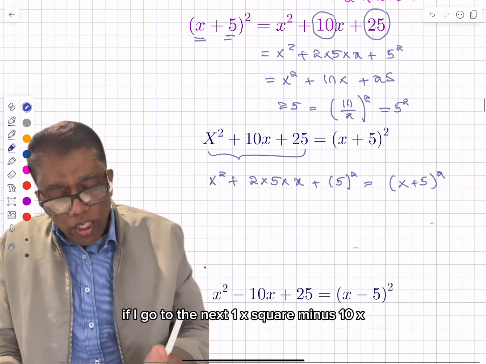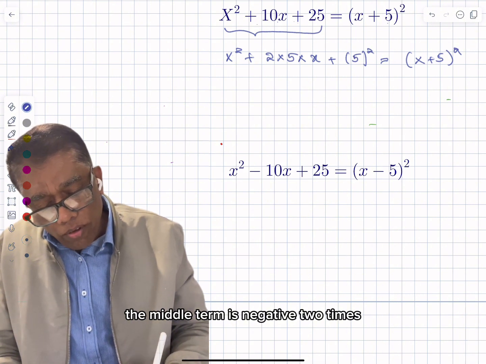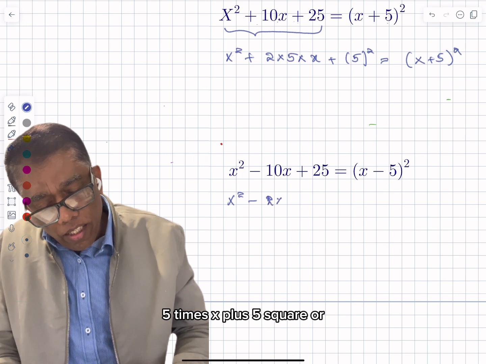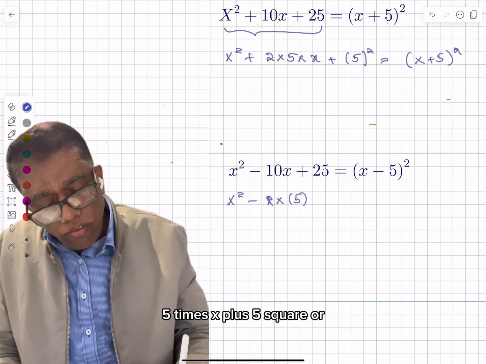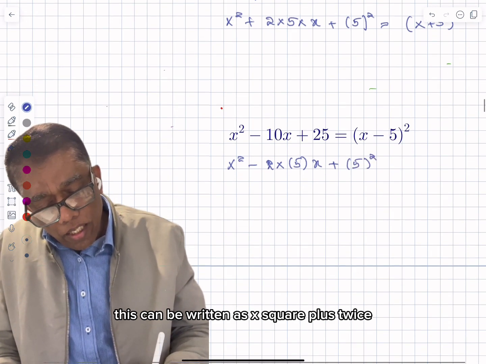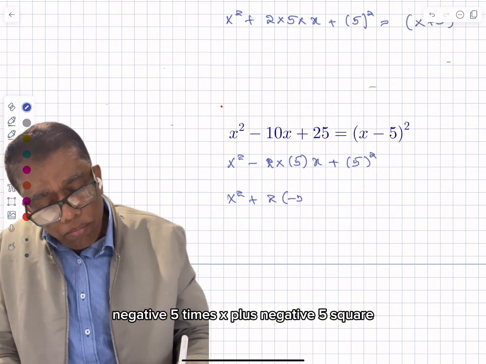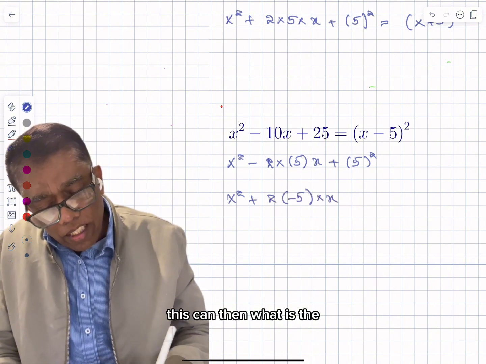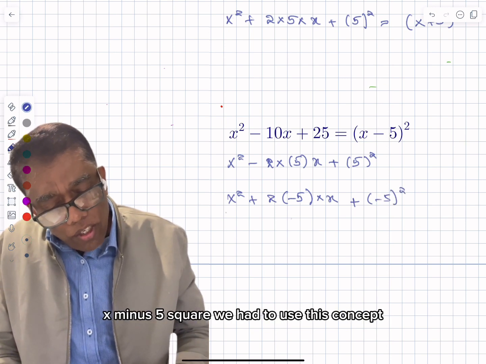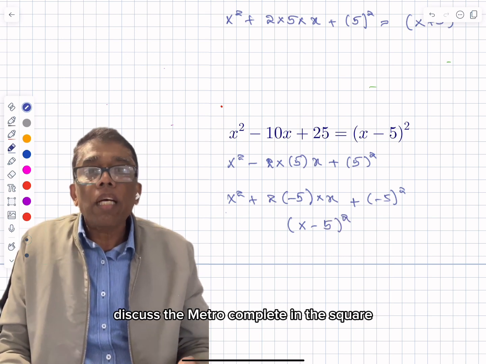If I go to the next one, x square minus 10x, the middle term is negative 2 times 5 times x plus 5 square, or this can be written as x square plus twice negative 5 times x plus negative 5 square. According to the perfect square rule, this is (x minus 5) square. We have to use this concept to discuss the method of completing the square.